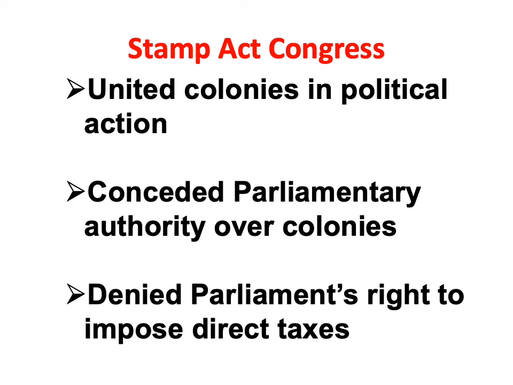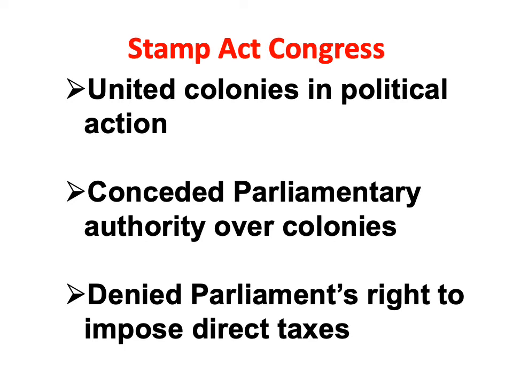In reaction to the imposition of the Stamp Act, the colonists got together for the first time. And remember, the colonists at this point viewed themselves more as inhabitants of a certain colony. For instance, they would identify themselves with Virginia, New York, or Pennsylvania.